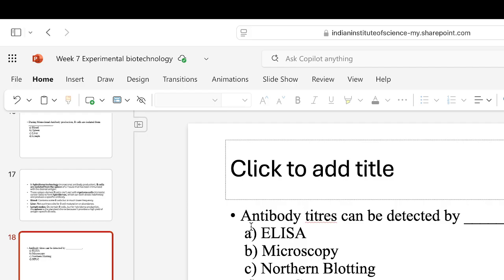And the amount of horseradish peroxidase itself is dependent on how many units of the antibody are bound. So this is the standard method of choice, the gold standard that people use for obtaining the antibody titers.